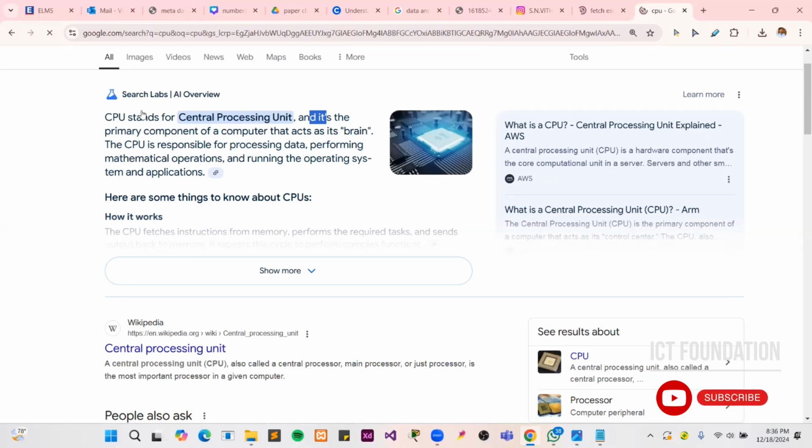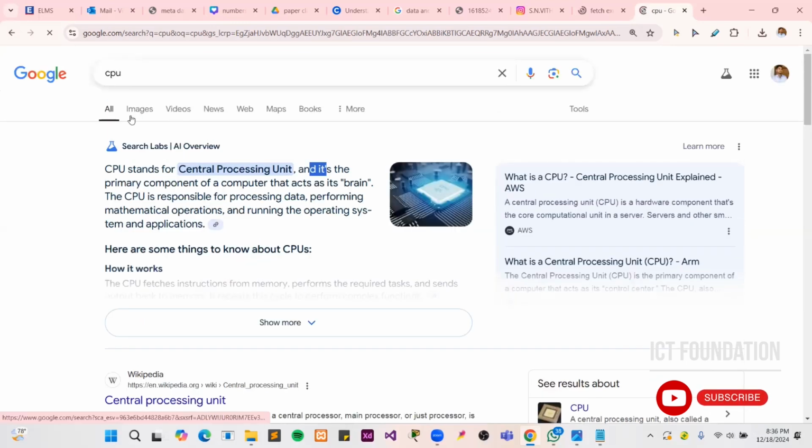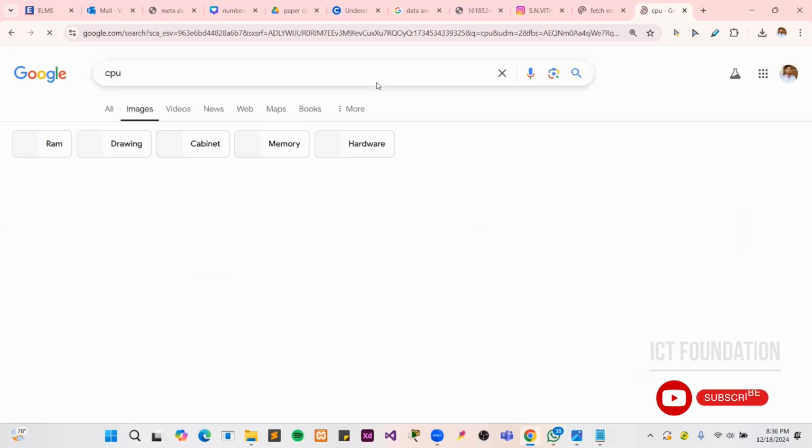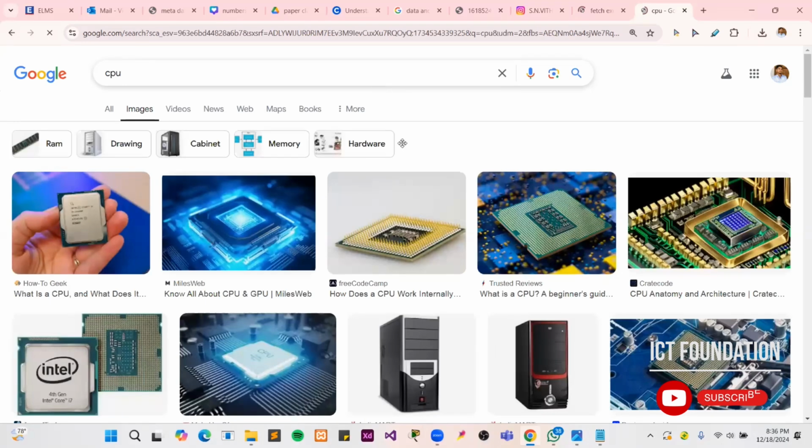The other thing you have to know is the hardware appearance of the CPU. There are several companies producing CPUs for computer systems. The major CPU brand we call Intel. Intel is a company which has so many versions of CPUs, and Intel CPUs are very famous. i3, i5, i7 CPUs are available.